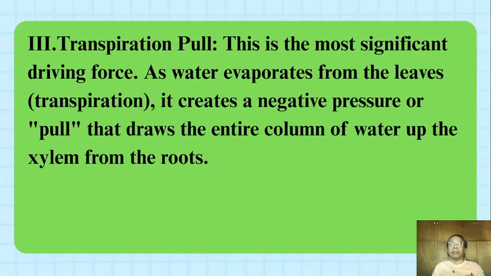Number three, transpiration pull. This is the most significant driving force. As water evaporates from the leaves, transpiration, it creates a negative pressure or pull that draws the entire column of water up the xylem from the roots.